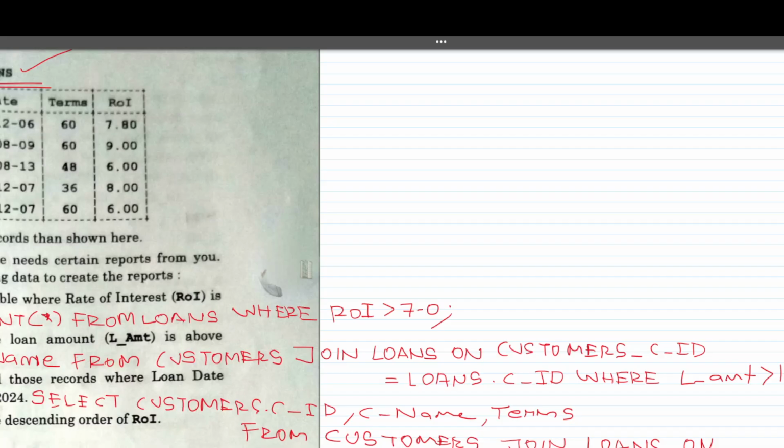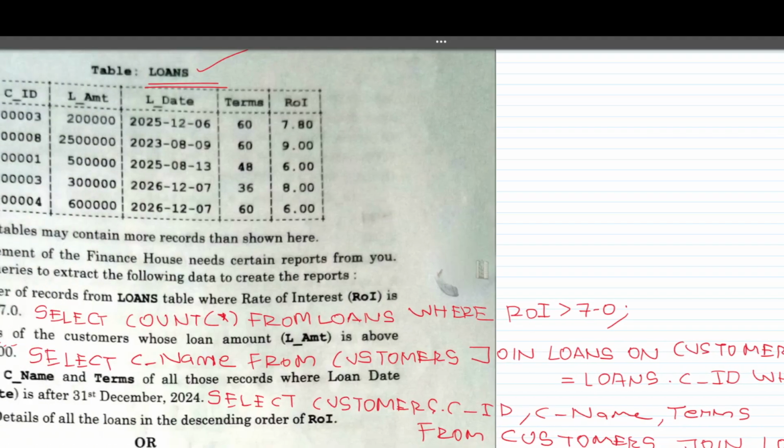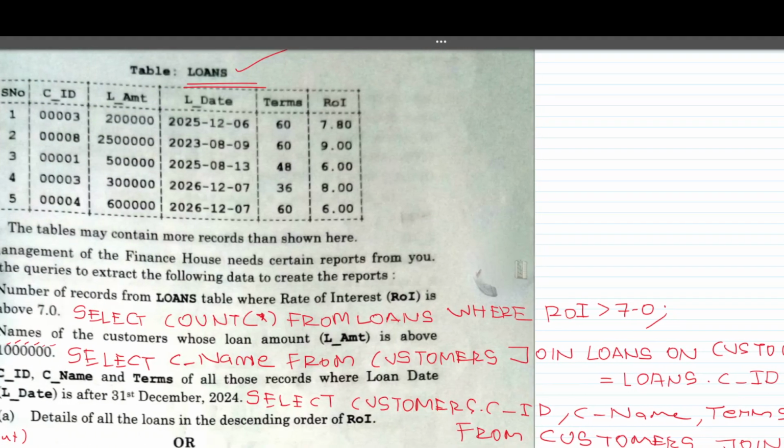Slightly lengthy, you must be observing, it is taking the time, but still I want to write it as quickly as possible. That is why this particular chapter is found to be very useful and also very important. So here the question is given, what is the condition here? Where the loan date is after 31st December.